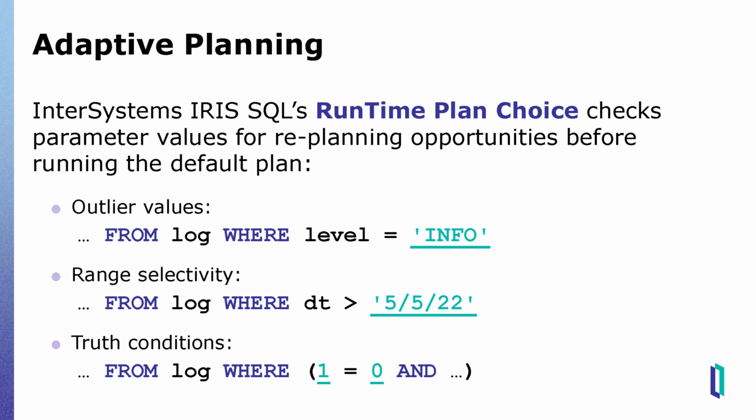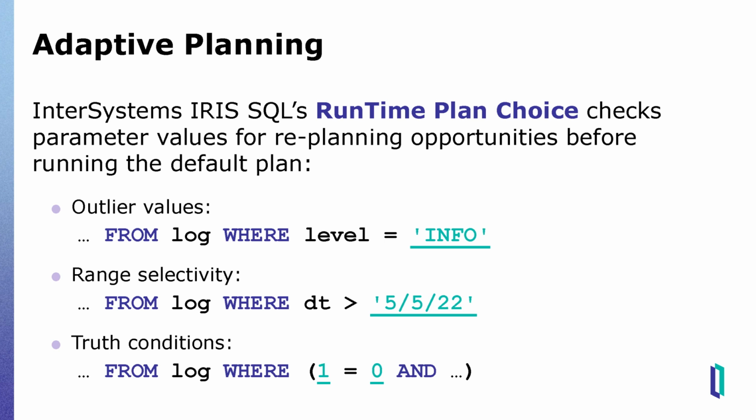Another interesting case that we're implementing runtime plan choice for is range selectivity. If I'm checking for all of the records from the last minute, or for all of the records from the last year, that's going to make a difference in whether it's suitable to use an index on that date field or not. And then finally, truth conditions.